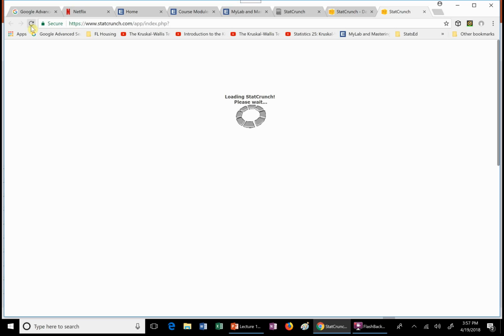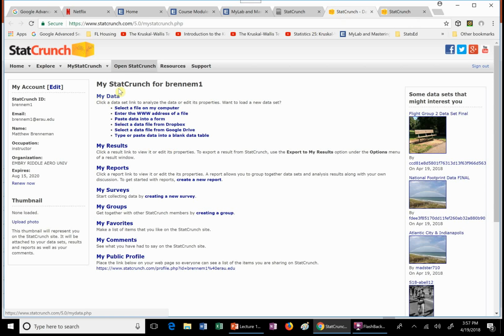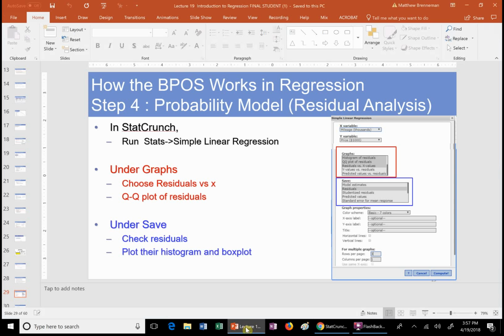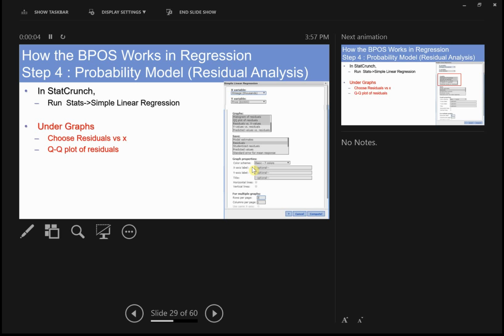QQ plot of residuals and residuals versus x. Good, good. So you guys are getting it. Try it one more time. Okay. Well, fortunately, I have it worked out. I have the stuff already done, and you can do it afterwards.